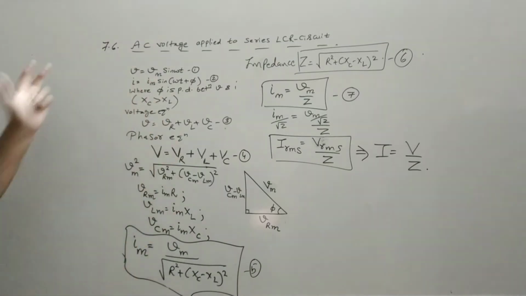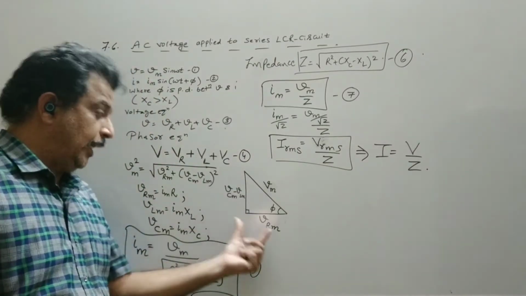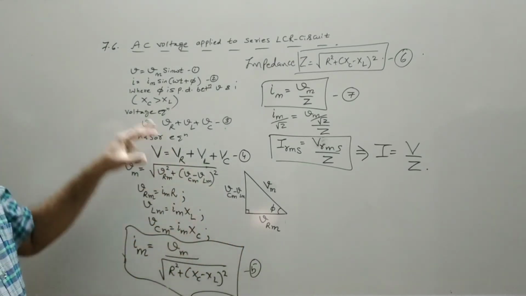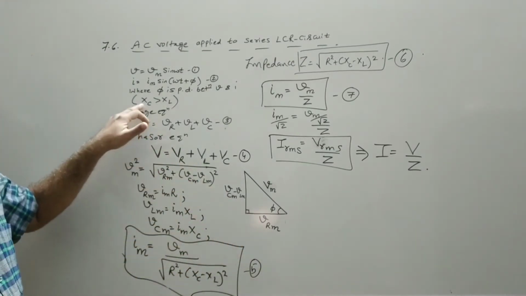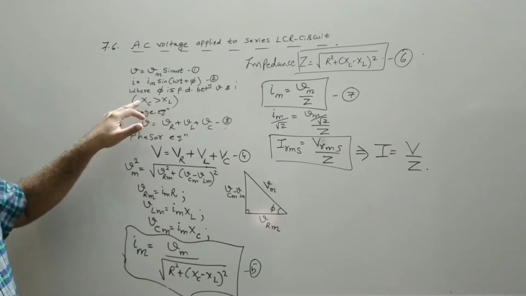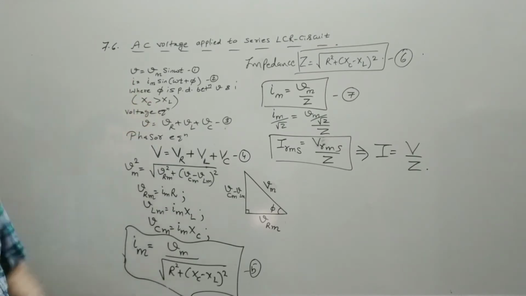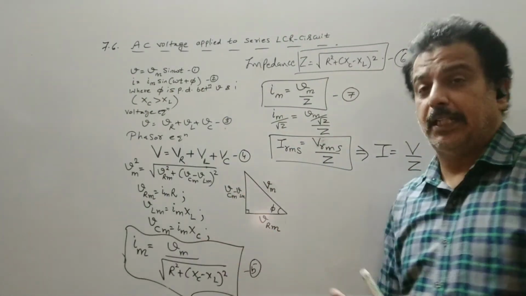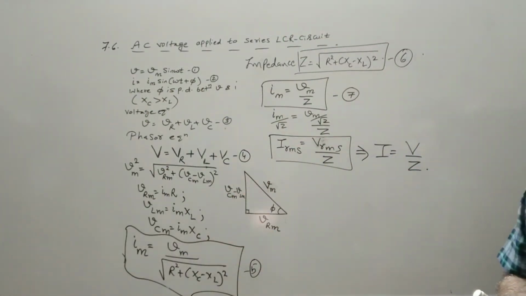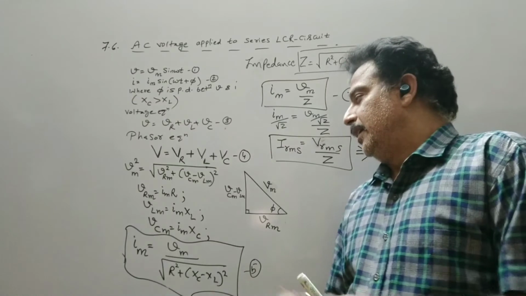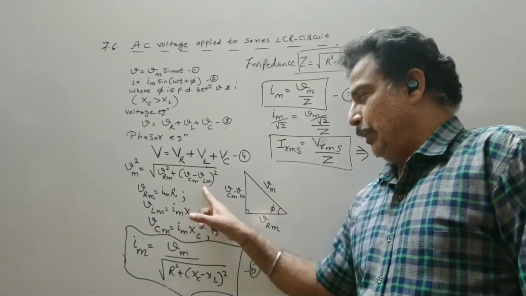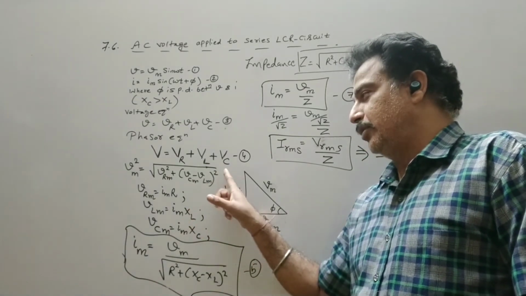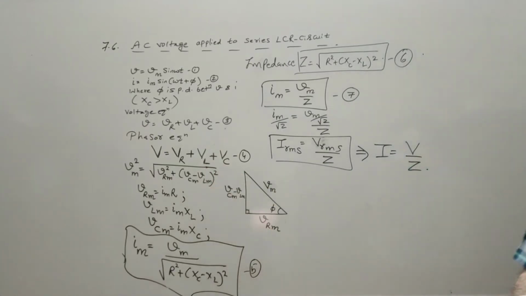So this was the situation using the phasor diagram, where we assume that the circuit is capacitive, that is, the capacitive reactance is greater than the inductive reactance. Now if the inductive reactance is greater than the capacitive reactance, then we interchange these values, though since it is a square, it will not affect our result.